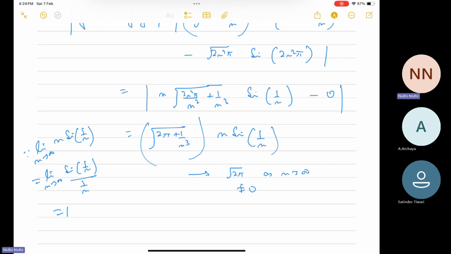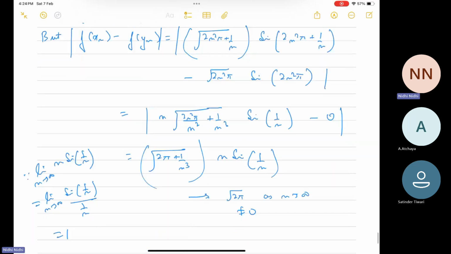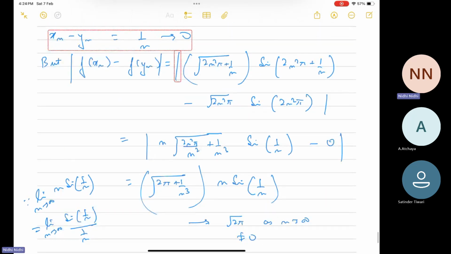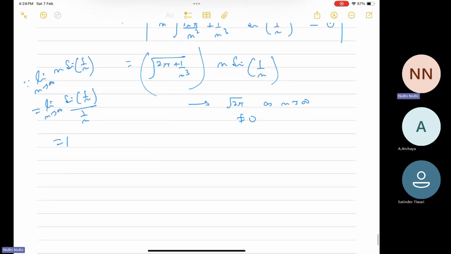Now this is not equal to 0. So the points in the domain were close to each other, but the corresponding points in the range are not that close. They always have a difference greater than or equal to root 2 pi. So therefore the function f is not uniformly continuous.